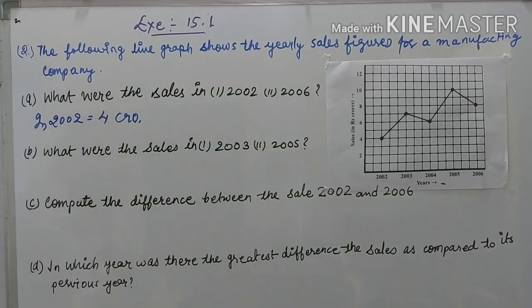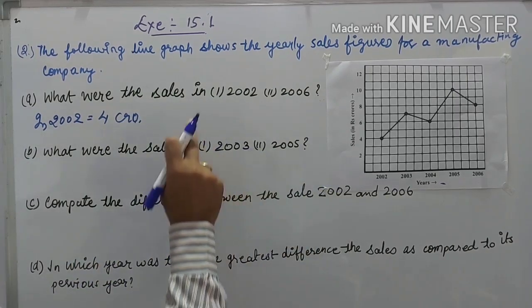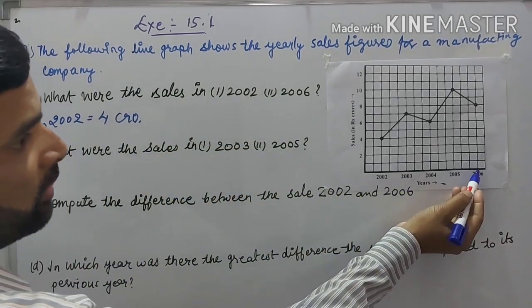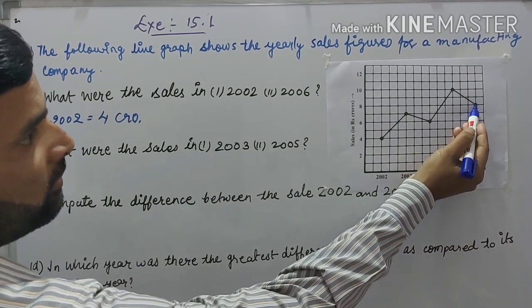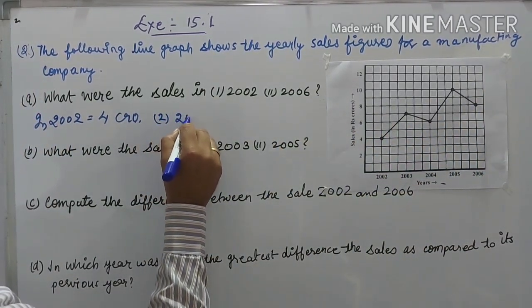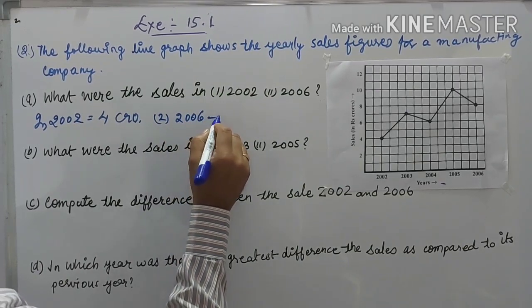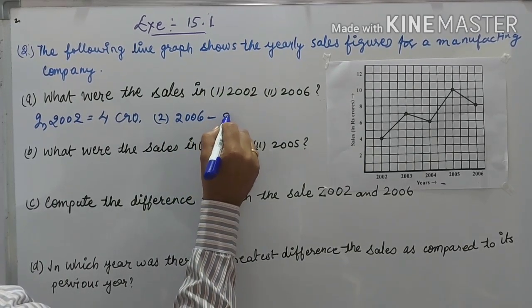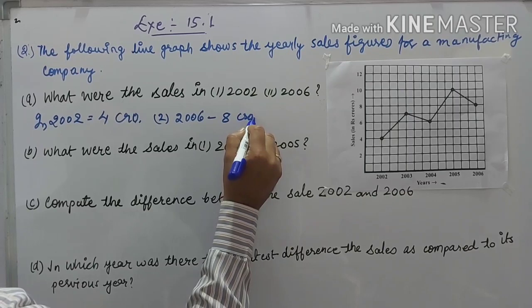Okay, and for 2006, the sale is 8 crore. That is the second answer: 2006 sale is 8 crores.